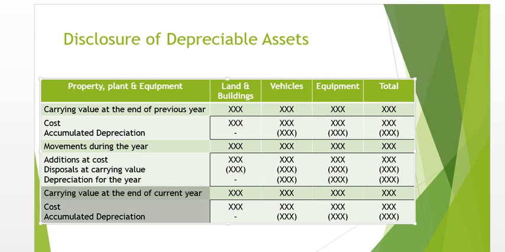So that's our cost price less accumulated depreciation. If you work through the learning module which relates to your financial statements, then we will go through these disclosures of depreciable assets in detail. But for now, just know and understand the note and how it looks.